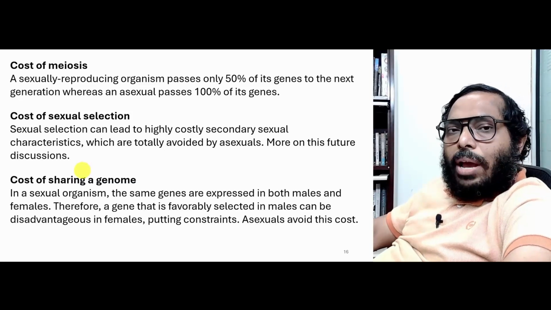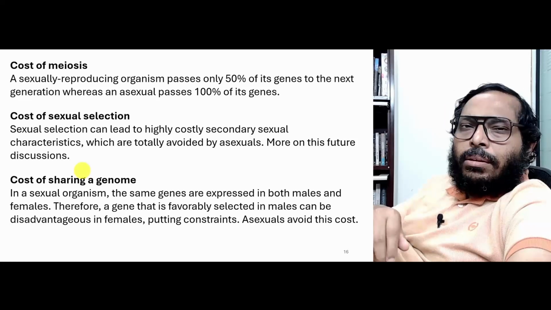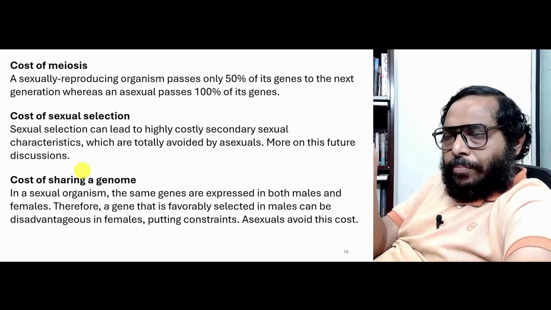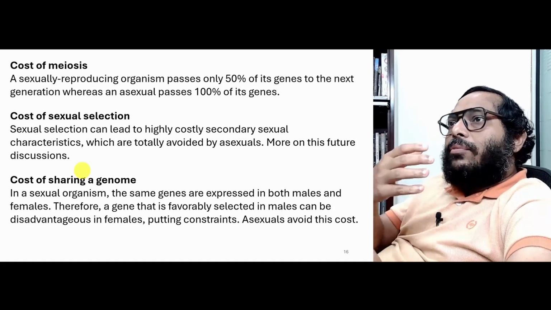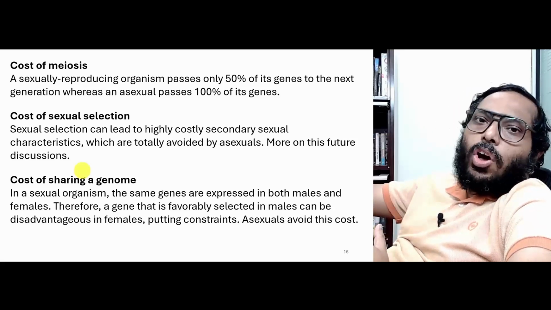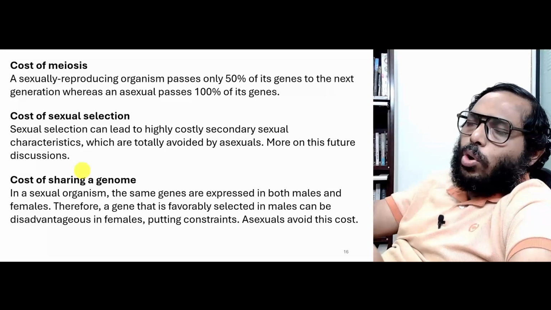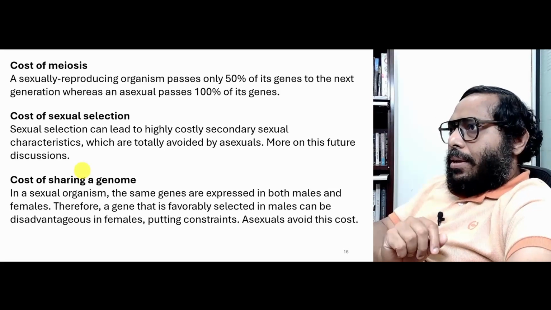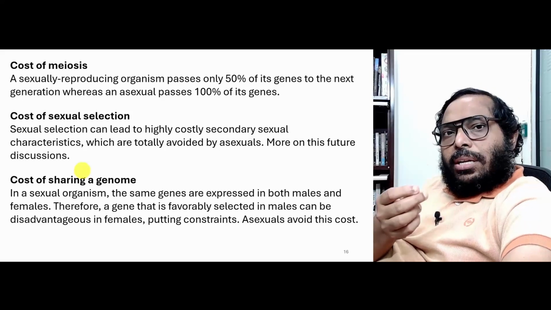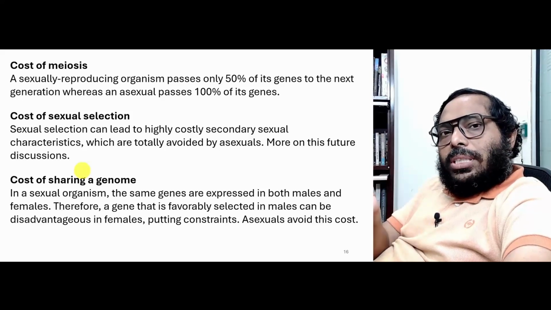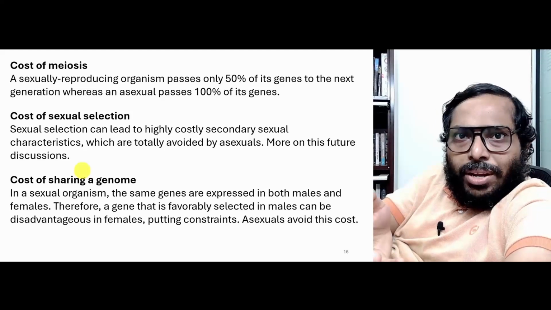Then you have the massive cost of sharing a genome. What do I mean by that? Again, think in terms of the peacocks. Now, suppose you have a male peacock and it has evolved to have this nice long tail which gets it more mates. But when the peacock is reproducing, this same gene that is leading to this tail is also being passed to its female offspring, right?